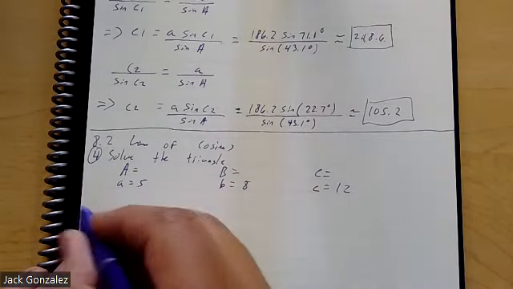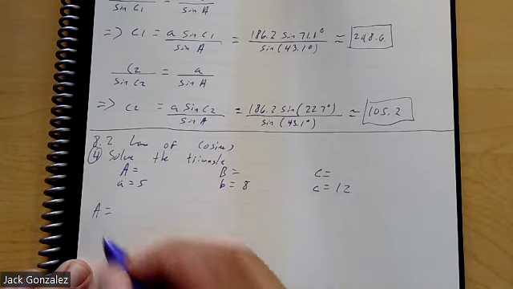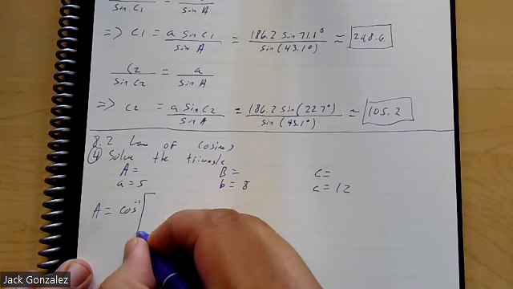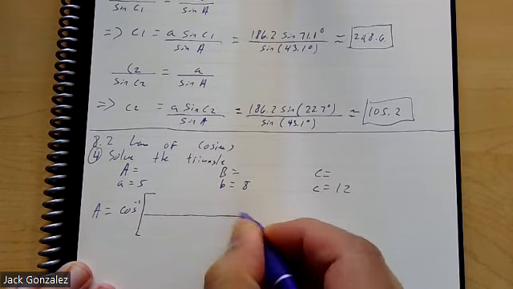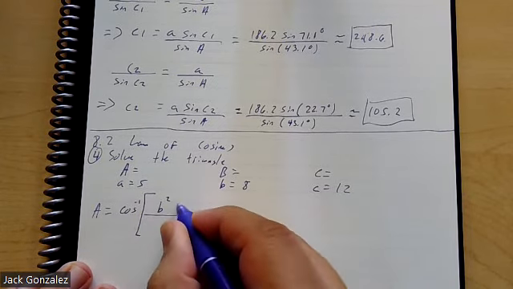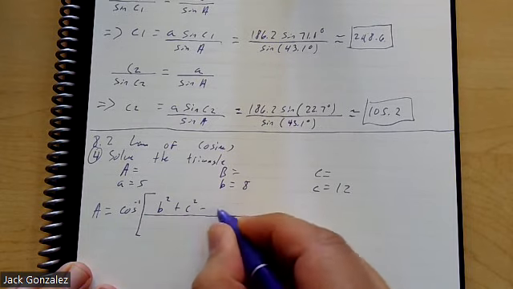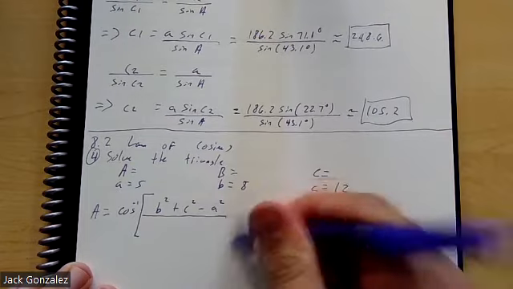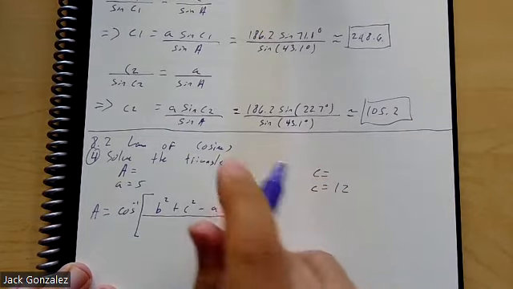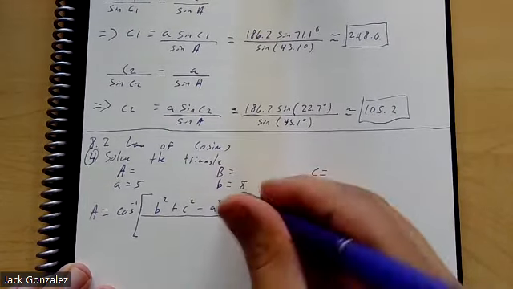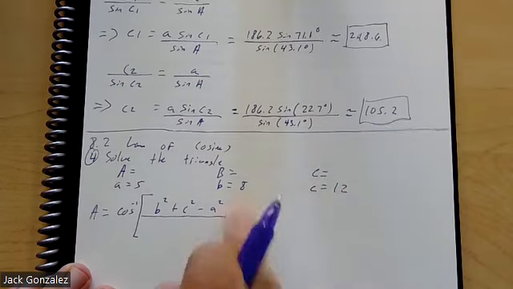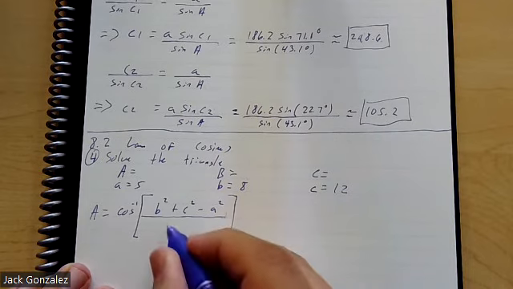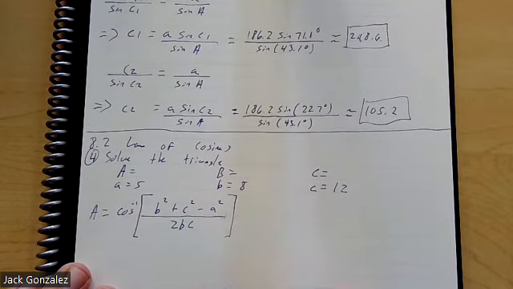All right, so in the notes I gave you the formulas for capital A. I said A is equal to cosine inverse, so you didn't have to work too hard, just plug it in. B squared plus C squared minus A squared over 2BC.